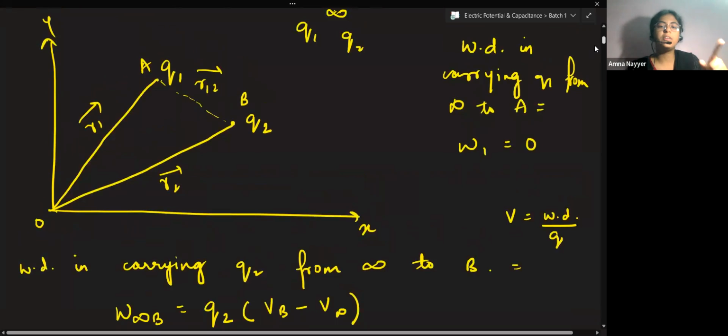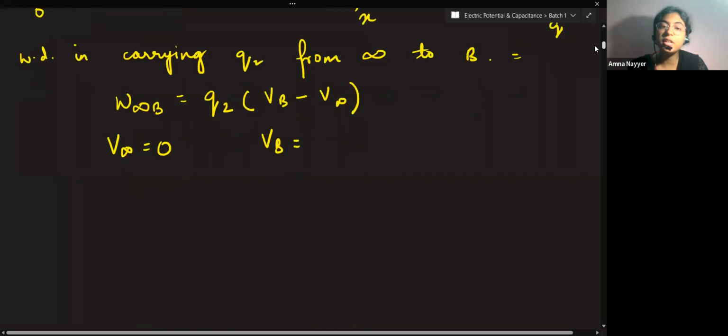And the separation between Q1 and Q2 is R12. So we know the general formula for a point charge is KQ divided by R. Here Q is Q1, divided by R, meaning the separation between Q1 and Q2, point A and point B, vector R12.